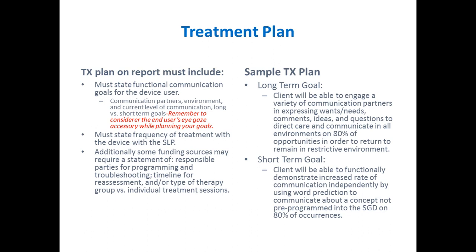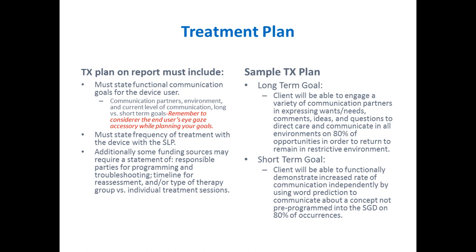A supporting goal of that long term could be that the client will be able to functionally demonstrate increased rate of communication independently by using word prediction to communicate about a concept that's not pre-programmed into the SGD. The purpose of that short-term goal is a rate enhancement goal, recognizing that not every concept that you want to communicate about will be pre-programmed in, and when someone's using a keyboard to type, that can really slow down the rate of their message.